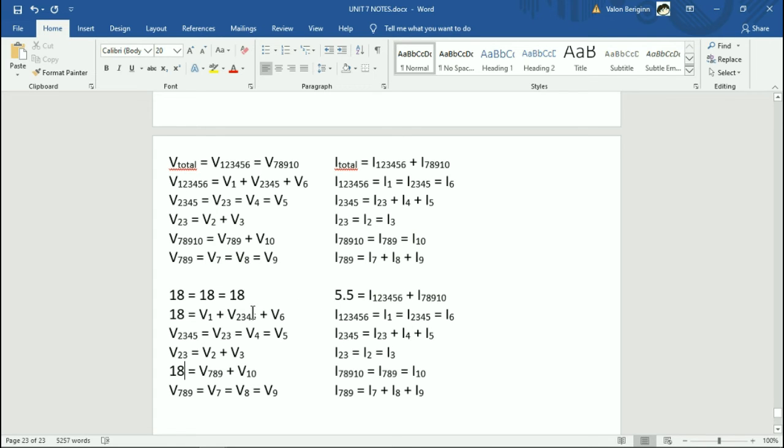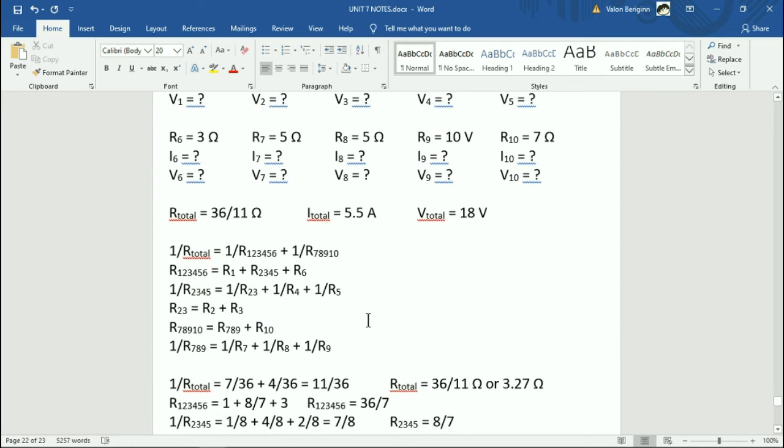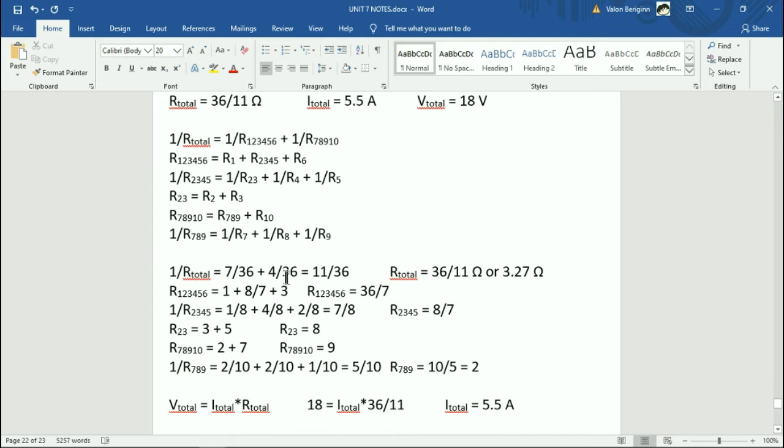Okay, so what this means is that I have V1 through 6. I can solve for I1 through 6 if I also have R1 through 6. But I do. It's back up here. Where is it? Okay, R1 through 6 is 36 sevenths.